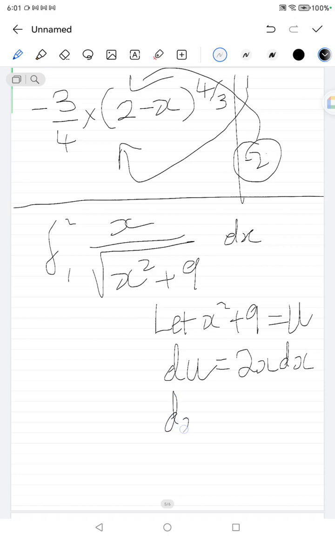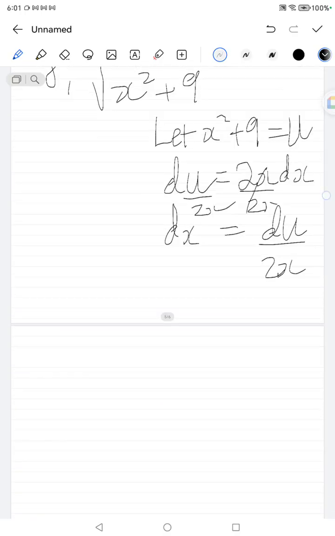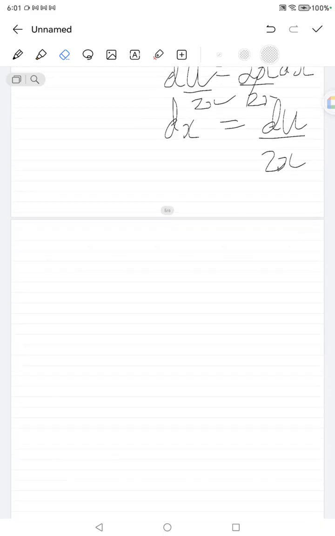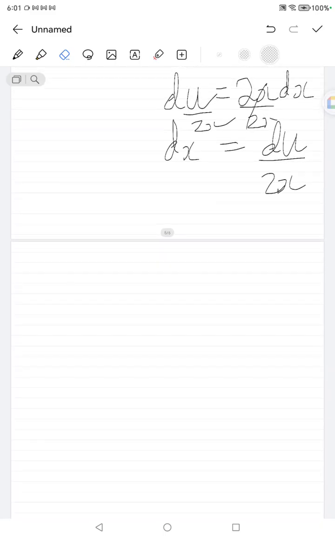You have your dx as equals to, you divide by that 2x, then you'll be getting du over 2x. We continue since we had our dx is equals to du over 2x.